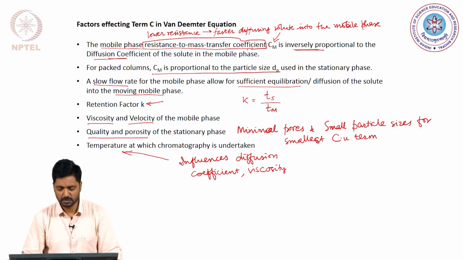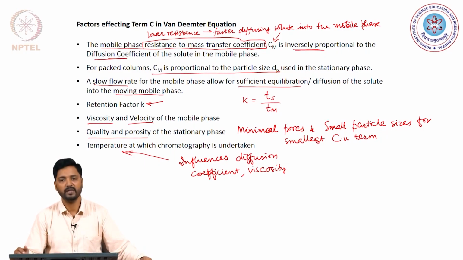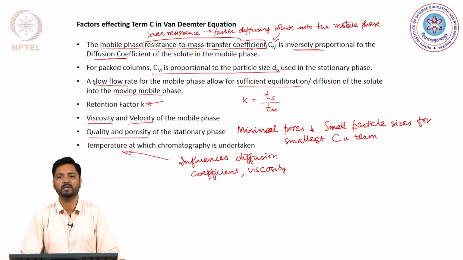This brings us to the end of this week's lectures, where we have established a deep theoretical understanding of how solute passes through the chromatographic columns, and we got introduced to terms like the plate height, plate count, and the Van Deemter equation, which are all used to explain the movement of solute inside the chromatographic column.